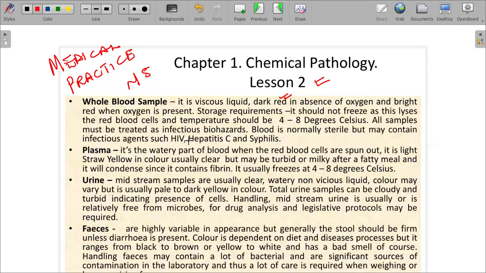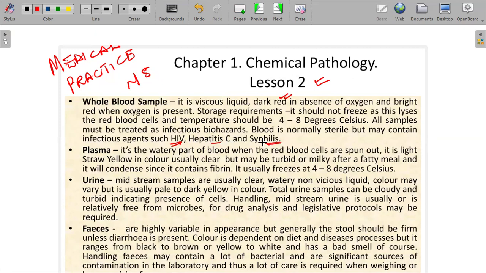If you remember, having contact with open sores or open cuts with blood that has HIV, a person can contract the disease, or else hepatitis C, as well as syphilis.